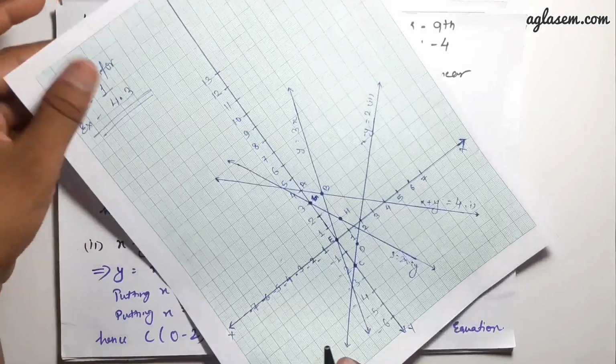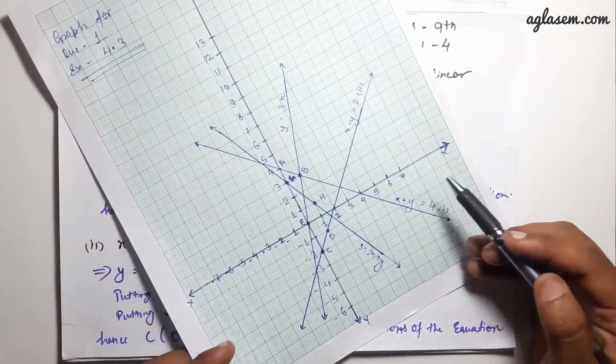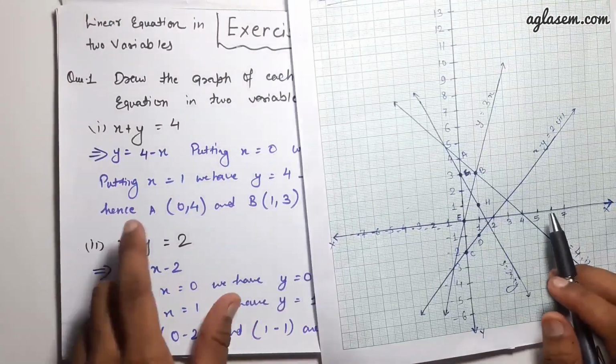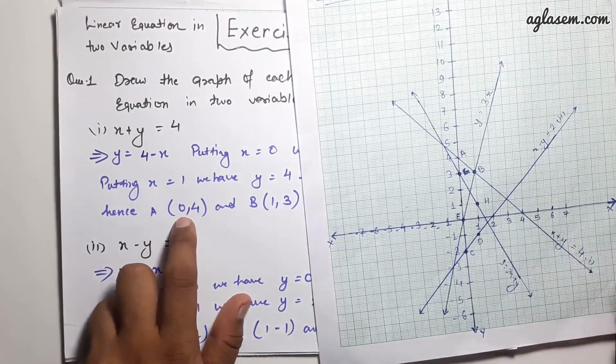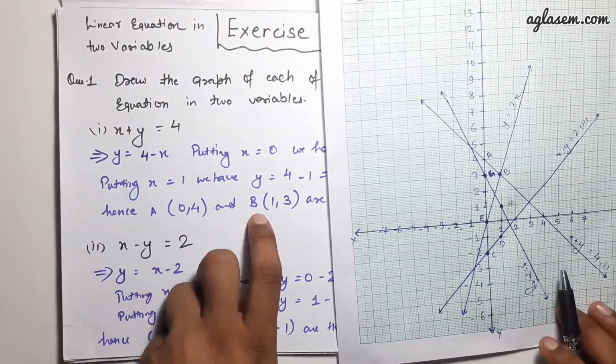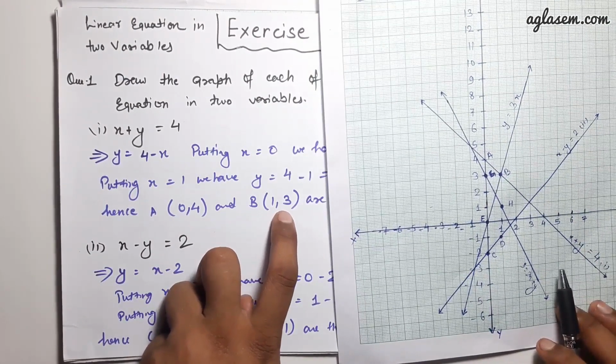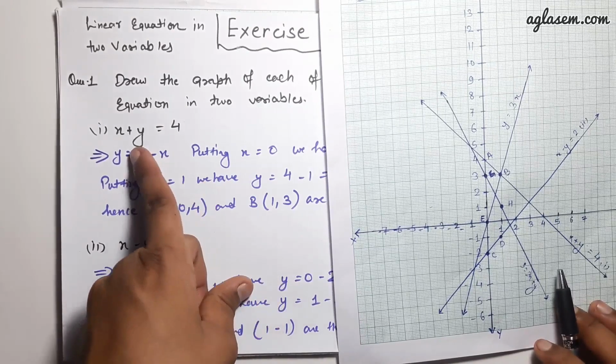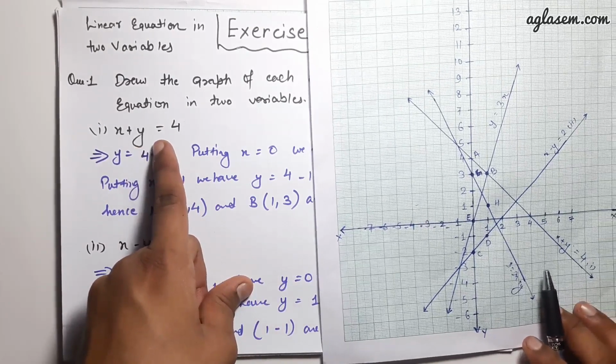So let's see on the graph. First is A equals (0, 4) and B equals (1, 3), and the equation is x plus y equal to 4.